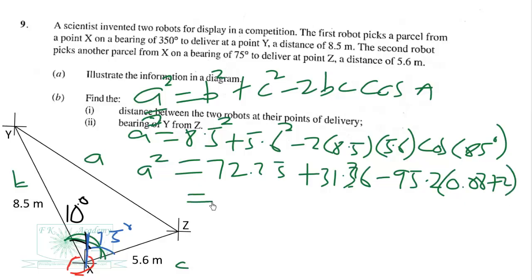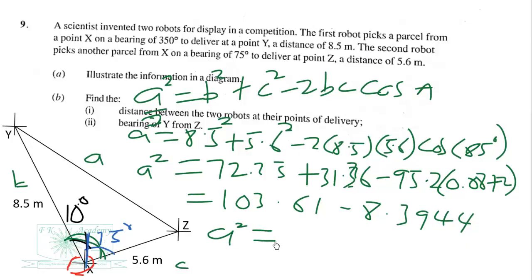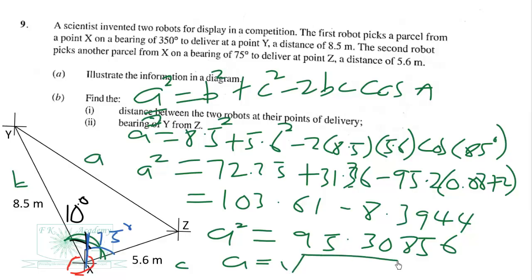So when we simplify this, we are getting 103.61 minus 8.3944. So a squared will be equal to 95.30856. So a will be equal to the square root of 95.30856, which is equal to 9.762. The distance between the two robots at their points of delivery is 9.76 meters.